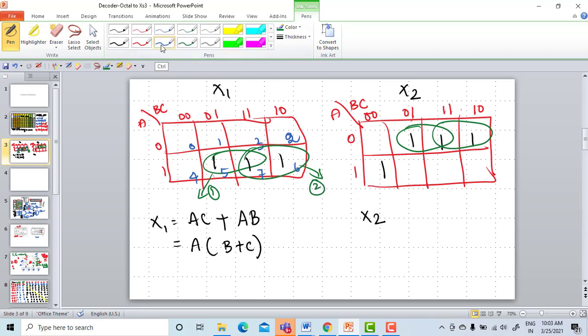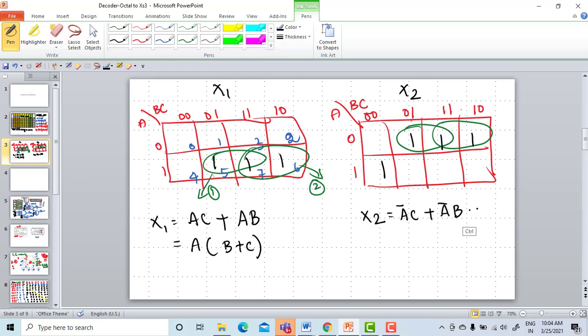Okay, so now let me write it here. x2 is equal to A bar C plus A bar B plus ABC. Here again I can take A bar commonly out, A bar into B plus C, plus ABC. Okay, this is my x2.